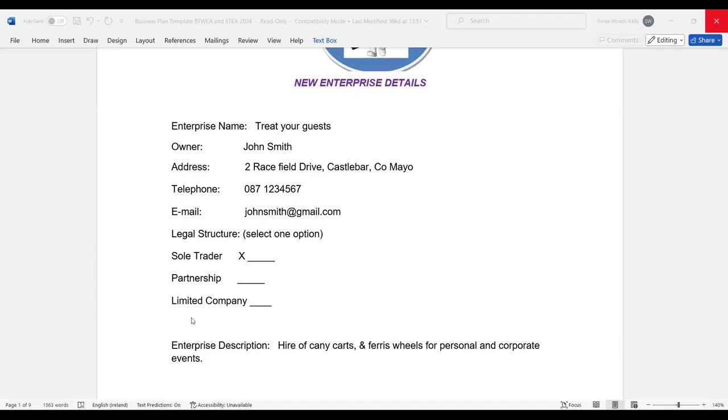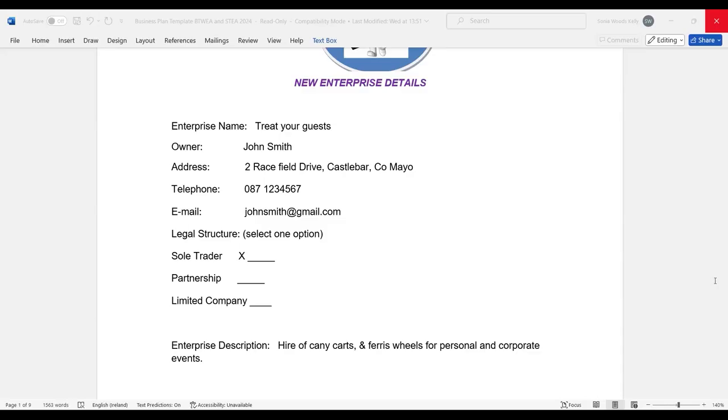However, if you set up as a limited company and then decide that your preference is a sole trader, it's a little bit more complicated. So the easier route would be to set up as a sole trader and then progress to a limited company.